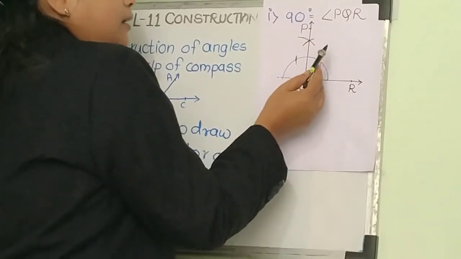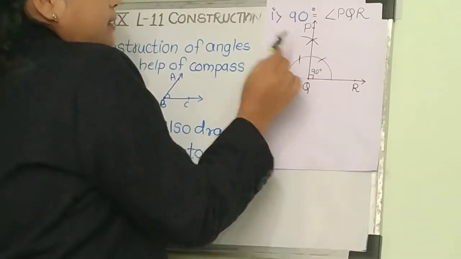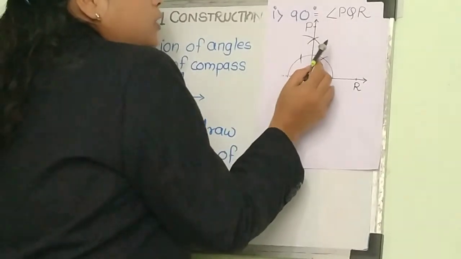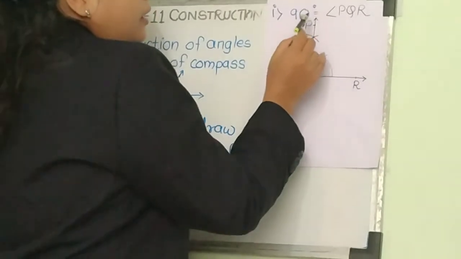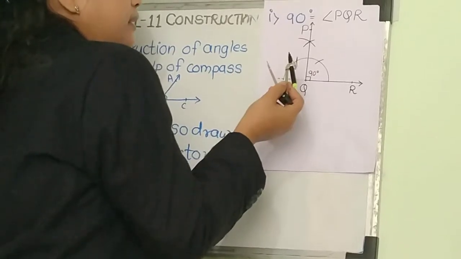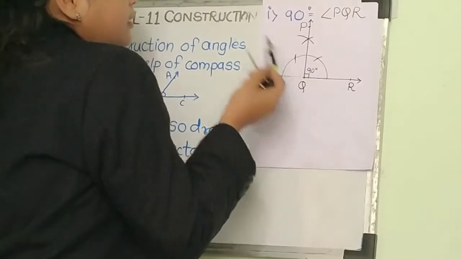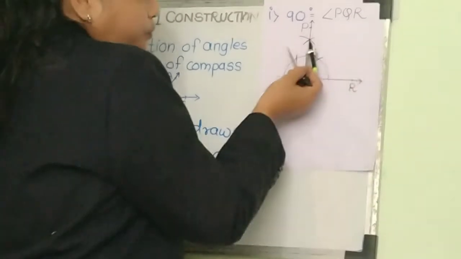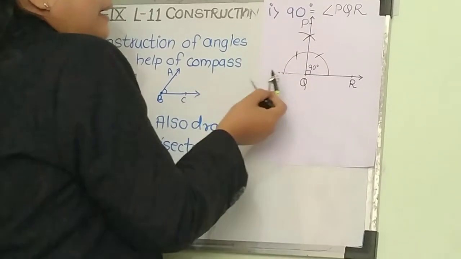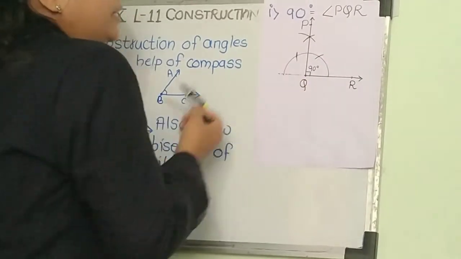These arcs are the measure of first arc, it is of 60 degree, and second arc it is of 120 degree. Then through these two arcs we have to draw two intersecting arcs with fixed length or fixed distance. Then we draw the ray passing through this. It will be passing through the Q and that intersection point, and hence we get that required angle PQR, it is of 90 degree.